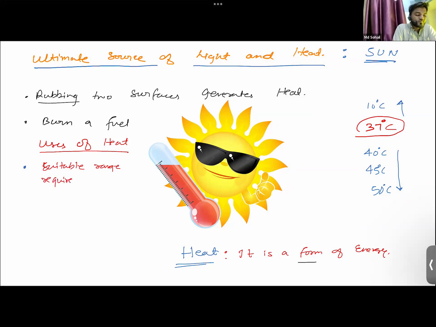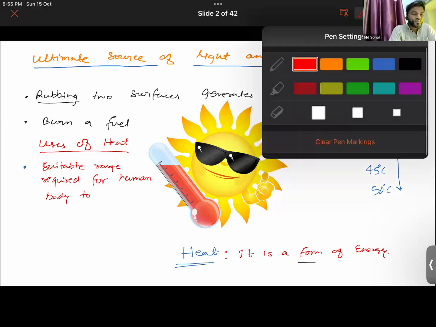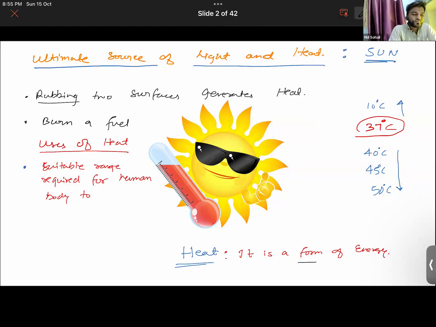Sir, I have one doubt. Yes, go on. Sir, how can we know the temperature of the sun, whether it is low or high? Look at the core of the sun, just like the planet Earth has its own core.